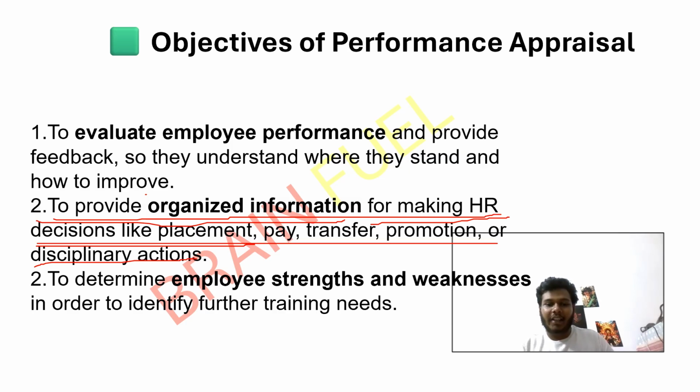What HR will do is observe the organized information, demote the team leader, and promote the employee to the team leader position. So this is what it explains: placement, and whom to pay, how much more to pay.